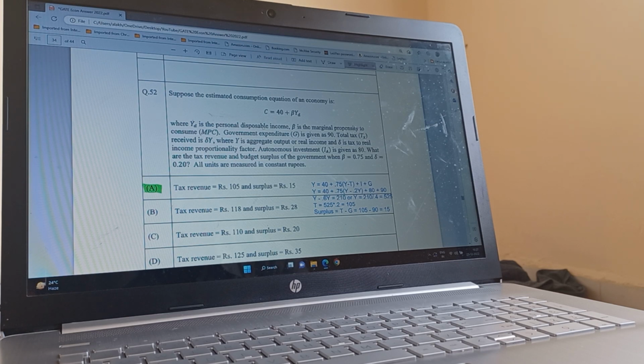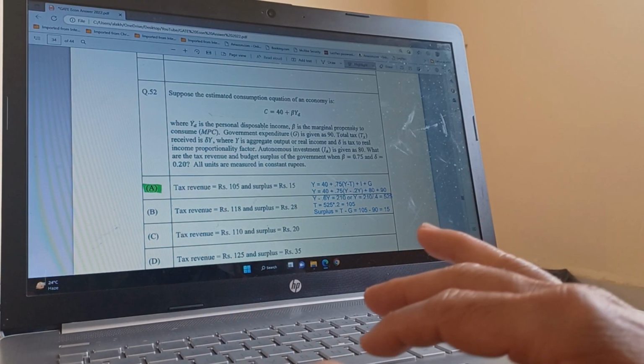Total tax TX received is delta Y, meaning income times a fixed percentage, where Y is aggregate output or real income, and delta is the tax to real income proportionality factor. Autonomous investment IA is given as 80. What are the tax revenue and budget surplus of the government when beta is equal to 0.75 and delta is equal to 0.20? It means the tax rate is 20% and MPC is 0.75. All units are measured in constant rupees. Okay, so this makes our life easier because they are in constant rupees.